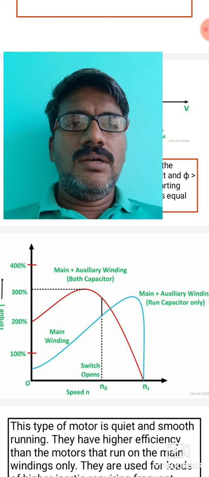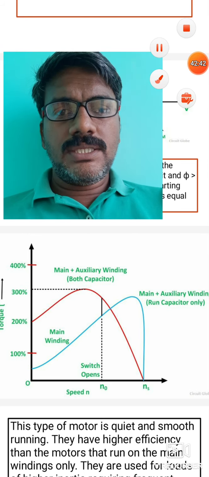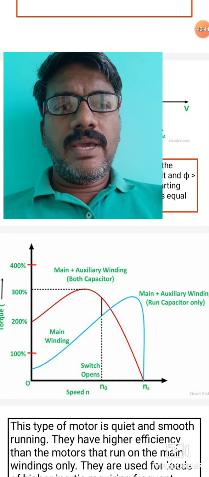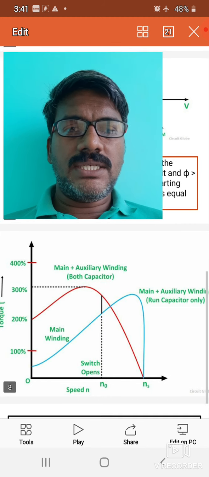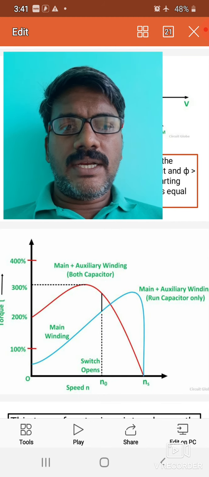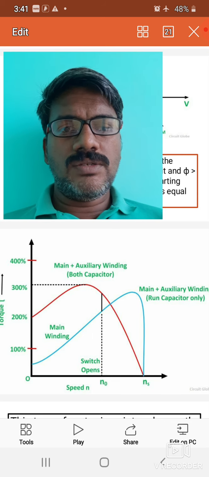So observe the torque speed characteristics. Here two graphs are there, one red color, another blue color.